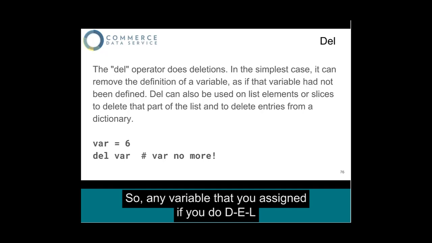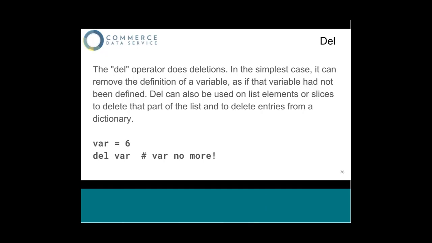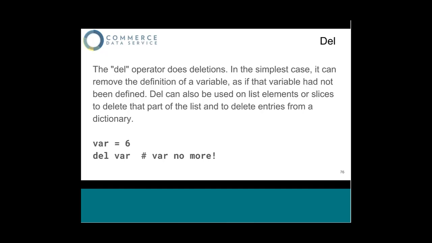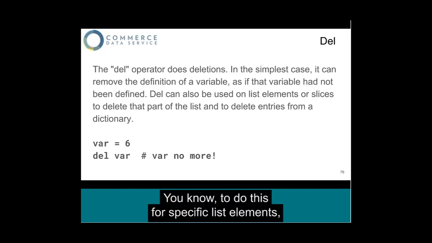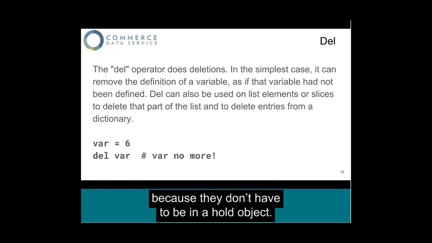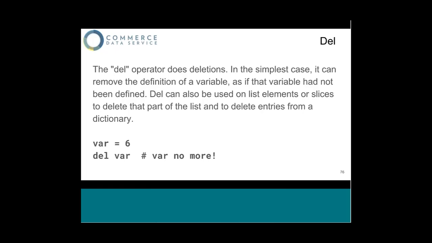So any variable you assign, if you do del, that variable, it deletes it. That variable is no longer assigned, and it is freed. You can also do this for specific list elements, specific slices of elements that you don't want anymore. You just want to wipe them out. So it doesn't have to be on the whole object.